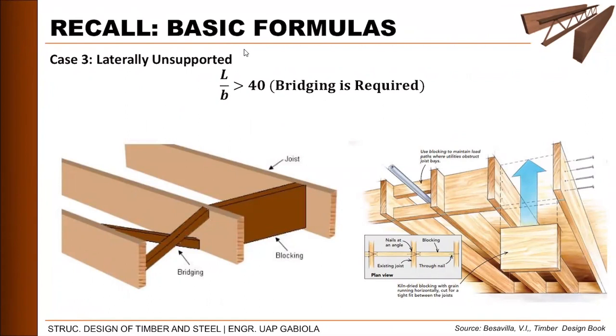Okay. So when introducing bridging, what happens is our clear span shortens. Because when we introduce bridging at midspan, our span for the beam will be half of the full length, because there will be an additional support or additional resisting member at the midpoint, which will help our beam not move sideways.